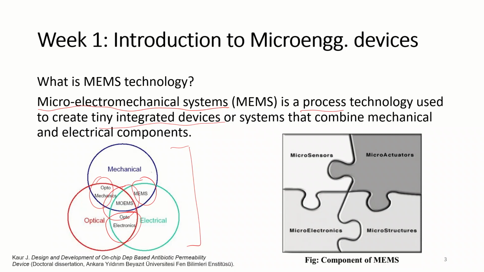There are a lot of differences between these different sectors of microengineering. But all in all, MEMS essentially consists of four broad components: microsensors, microactuators, microstructures, and microelectronics.